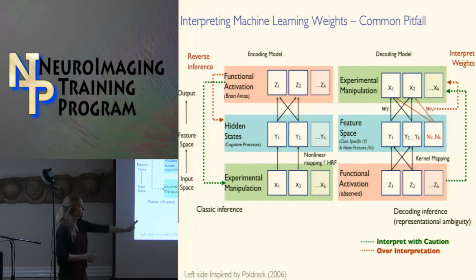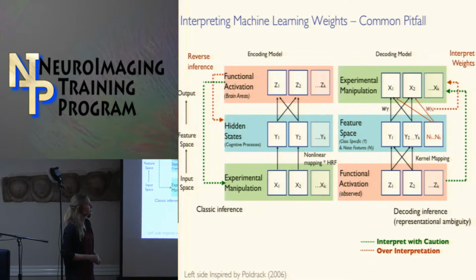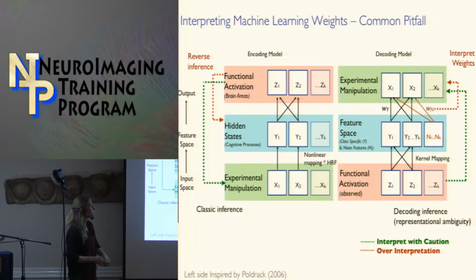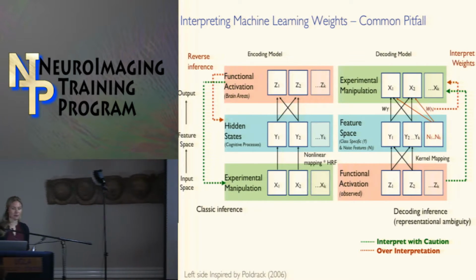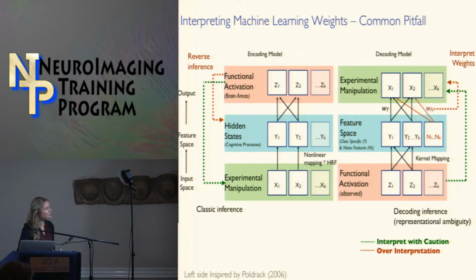There's something similar with machine learning in the sense that we don't want to take the weights, as I've said, and project those back and then make inferences based on the weight maps. So be careful with what you say with your machine learning weights.